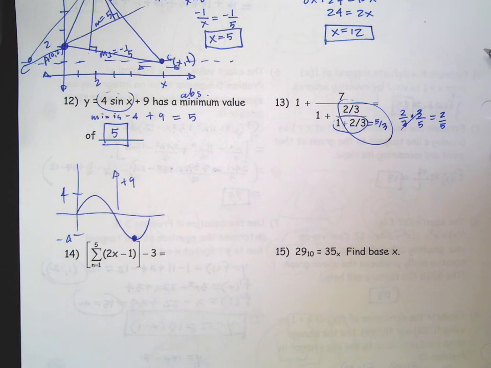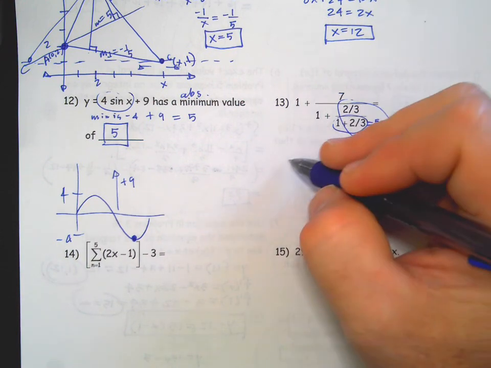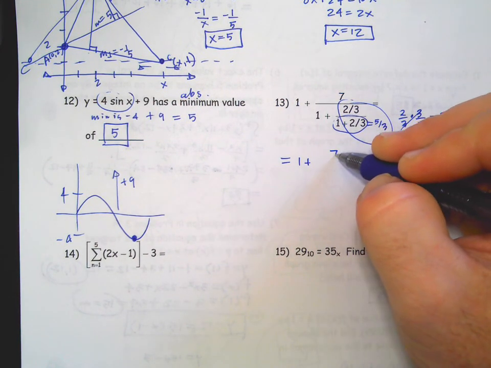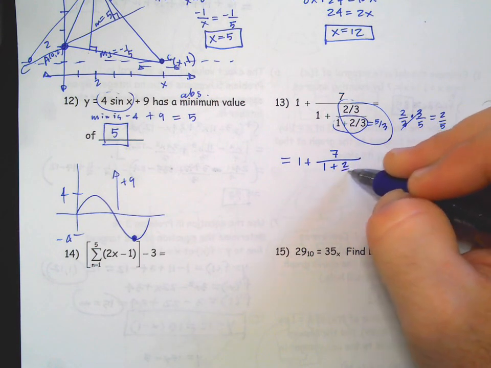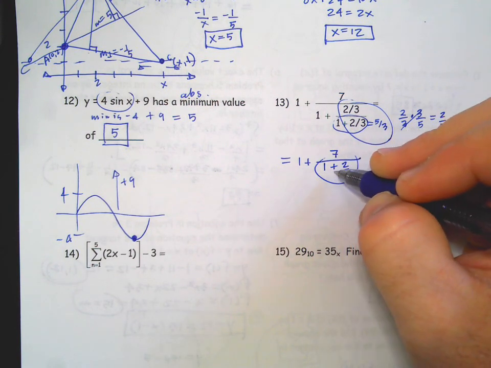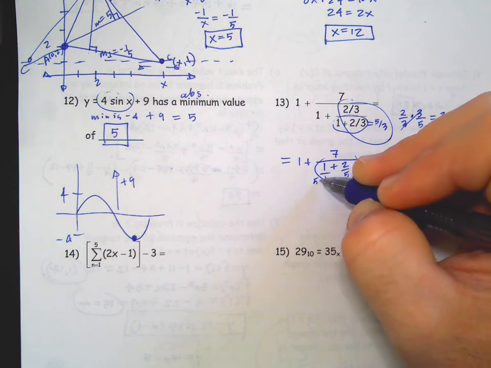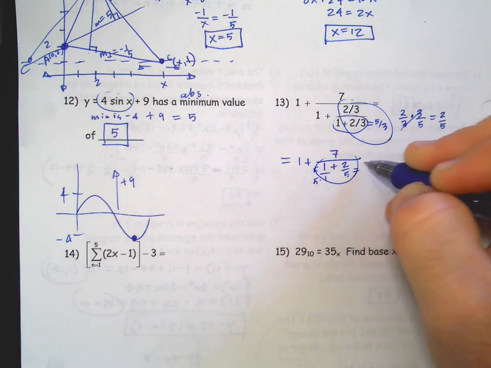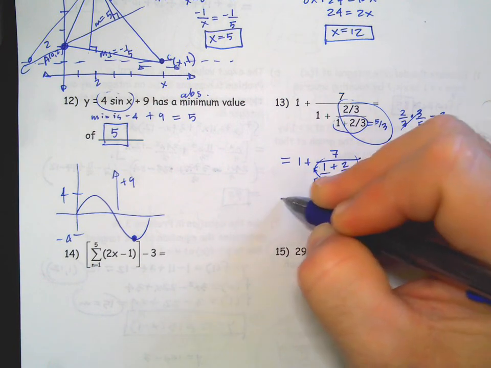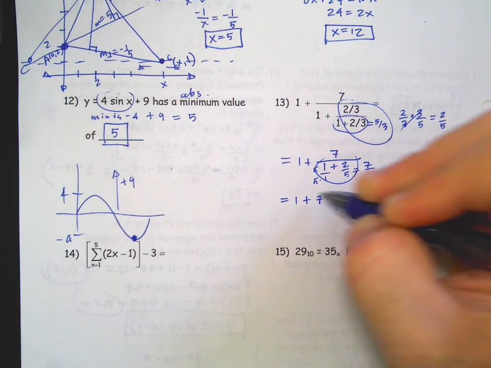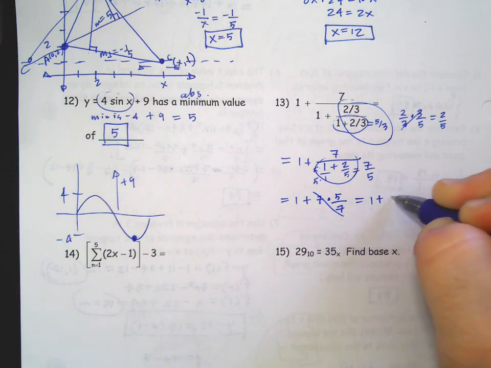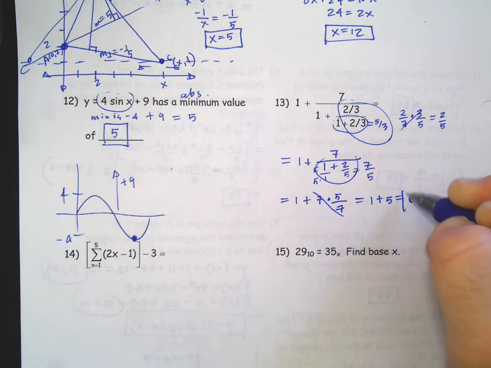And so now if I rewrite this, it's 1 plus 2/5. So now I'm going to try and get these together. So this is the same as 5/5. So that's 7/5. So we're going to multiply by the reciprocal. And we get 1 plus 5 is 6.